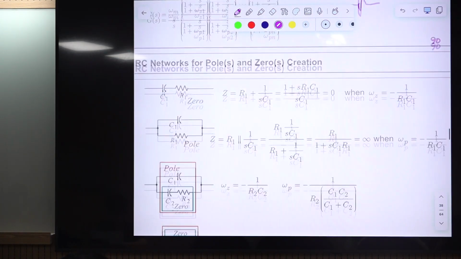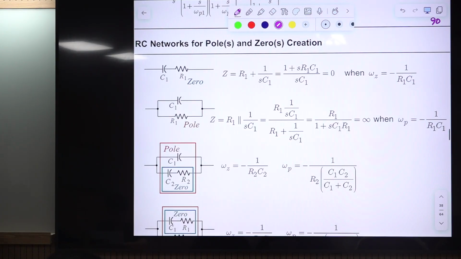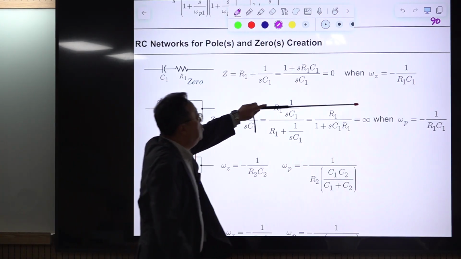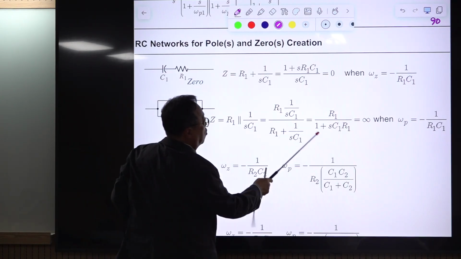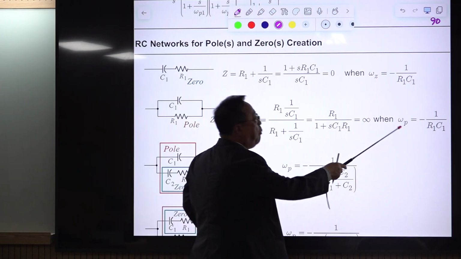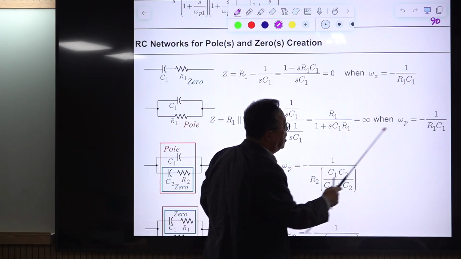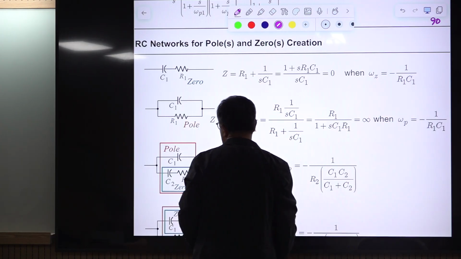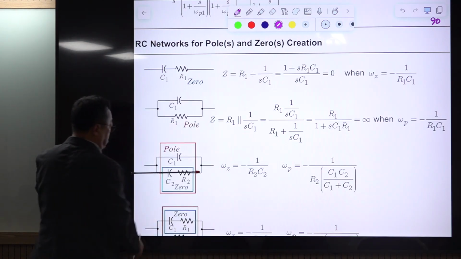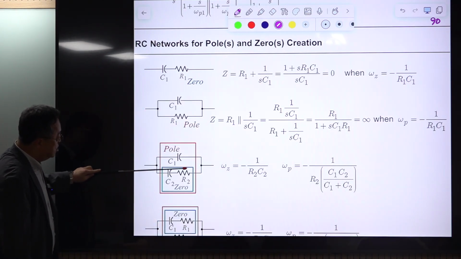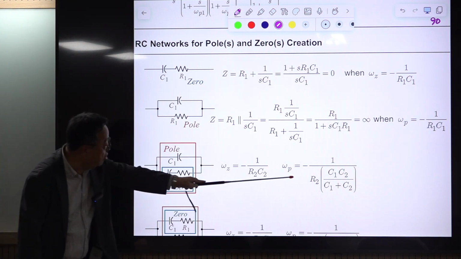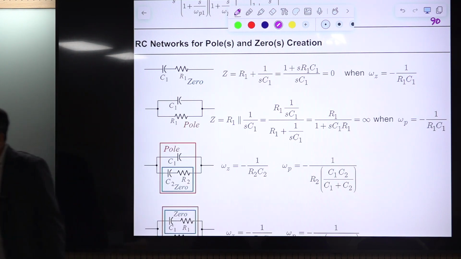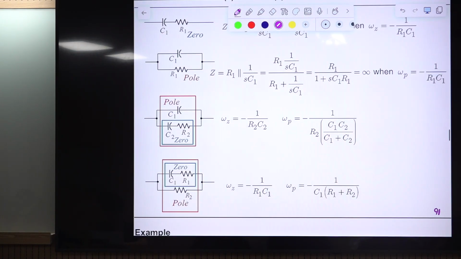Okay, then we have this structure. You already know this. This creates a zero here, and this combination creates a zero here. But that is the pole because it comes in the denominator. You create a pole, and for this case with the three circuit components, this will create a zero, and these three elements combined here will generate a pole, and the same is true for this case.